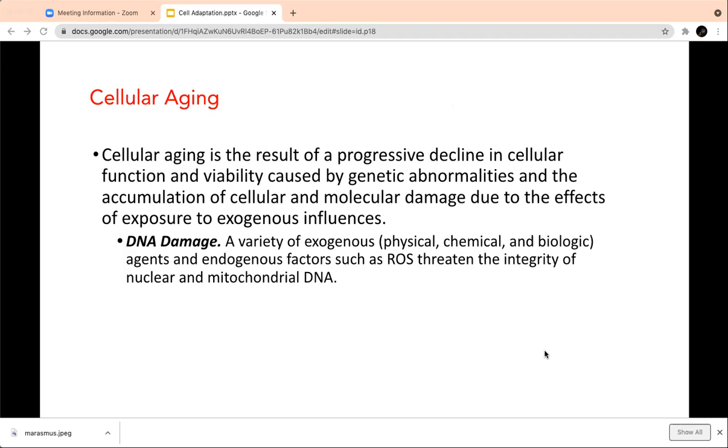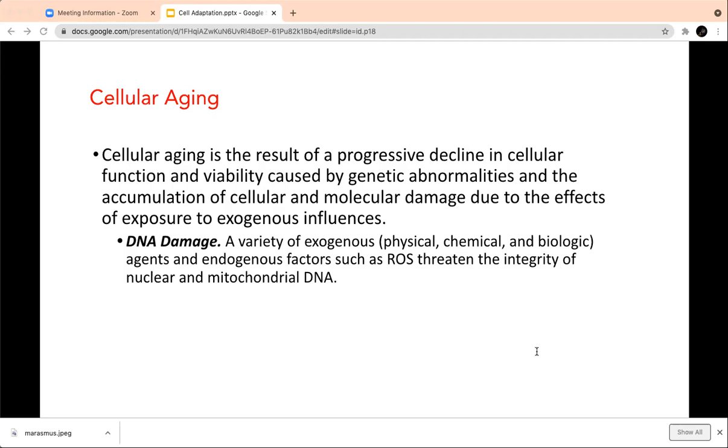Siyempre, habang nandito tayo sa world, we are exposed to different exogenous influences natin. So, be it environmentally induced, okay? Pwedeng mechanistic alterations, aging talaga, all right? So, there are two mechanisms na sinasabi nila.